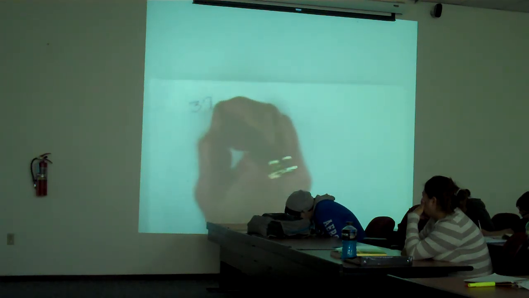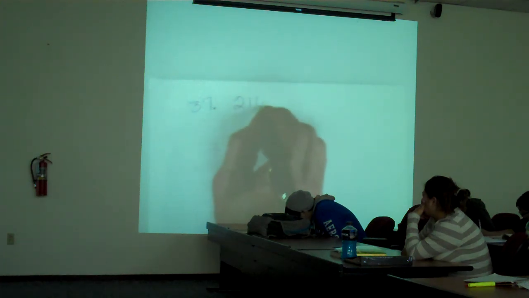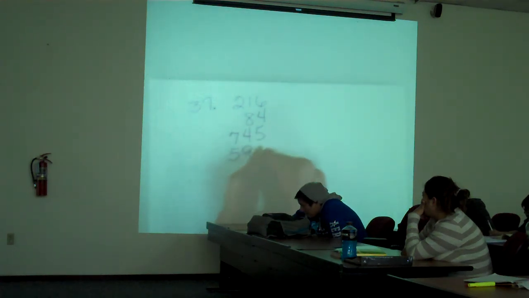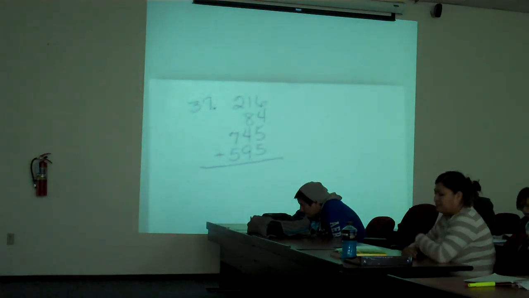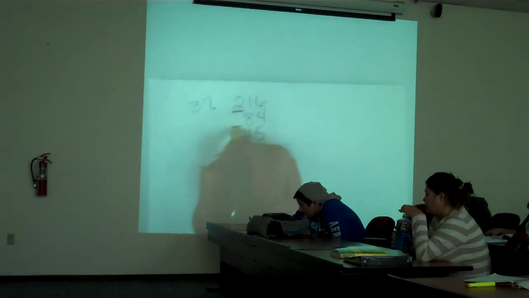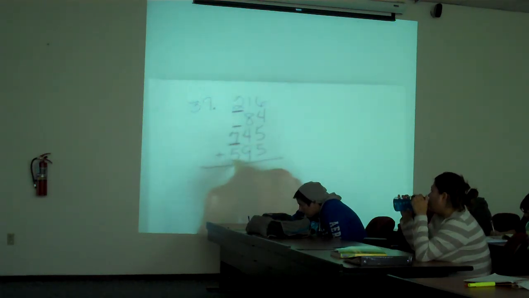It's in the back anyway. We'll do 216 plus 84 plus 745 plus 595. This one, the directions say to round to the nearest 100. So we're going to underline here, even though there's no number, I'm putting in the line there.